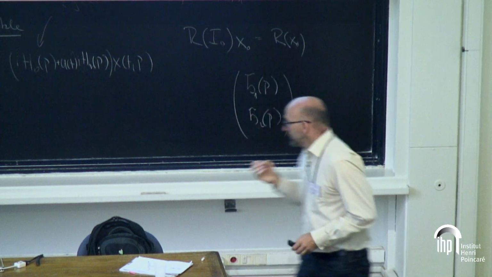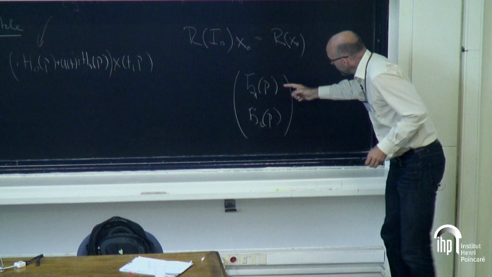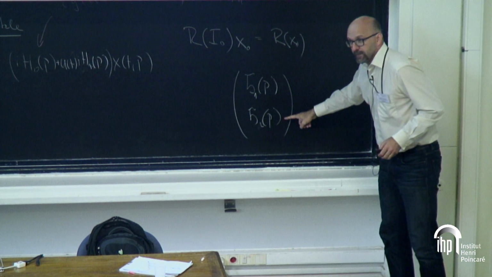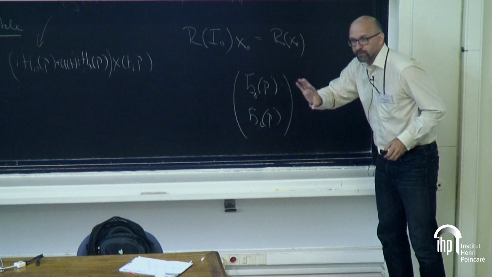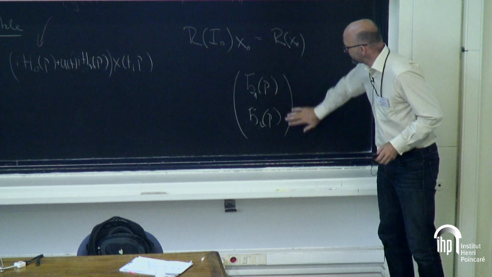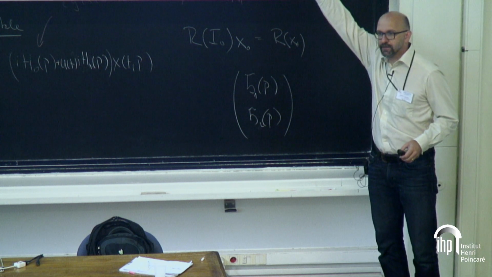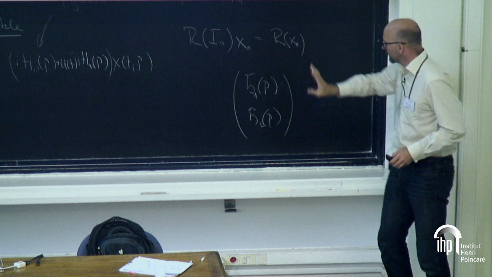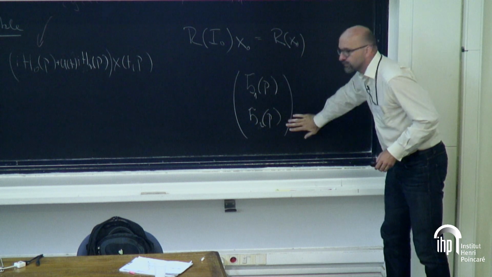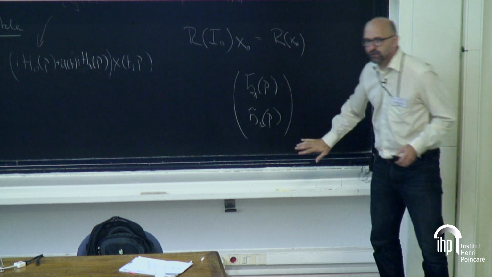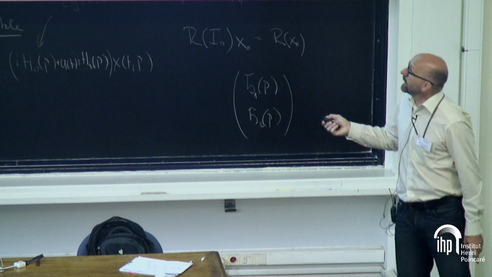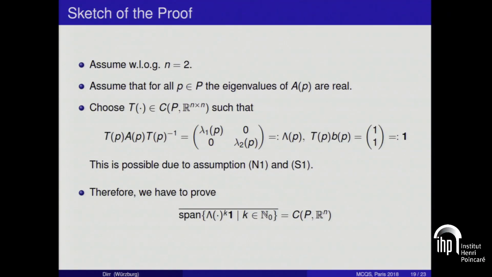This guarantees that none of these two functions can vanish at some point p. So they are always different from 0, and then you can do some rescaling and you get this normalization. So all you have to guarantee is that these two functions do not vanish, but they cannot vanish due to assumption N1.